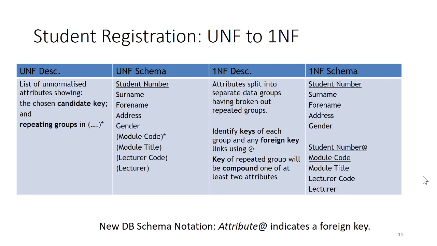The student number is a primary key in the first group, and here it is a foreign key which is linked to this group or entity.